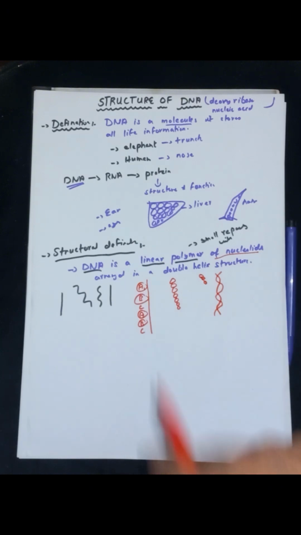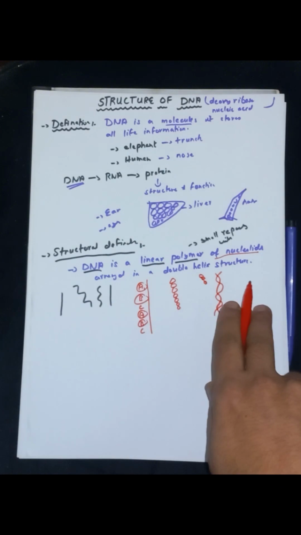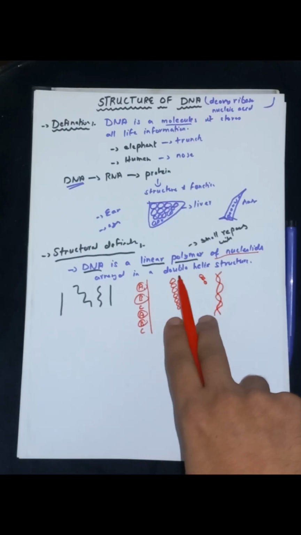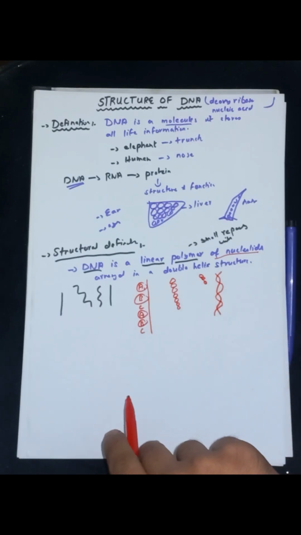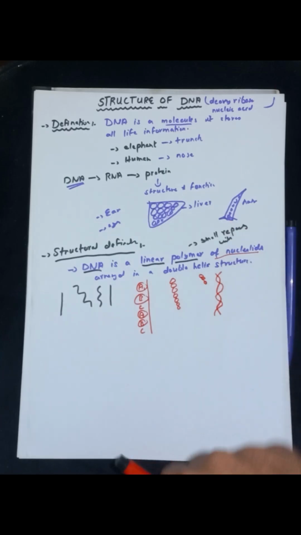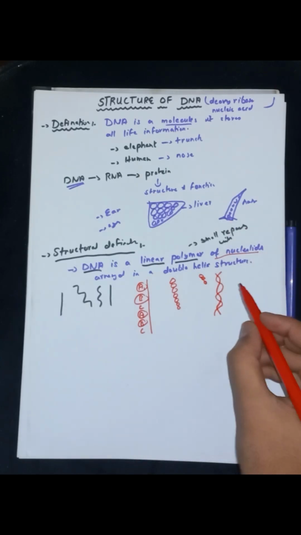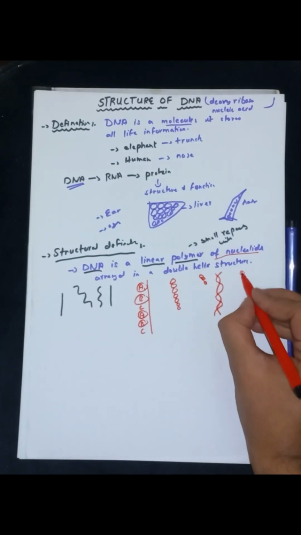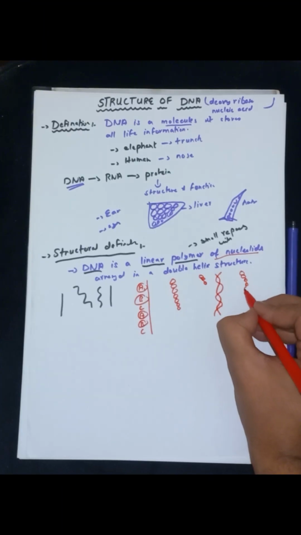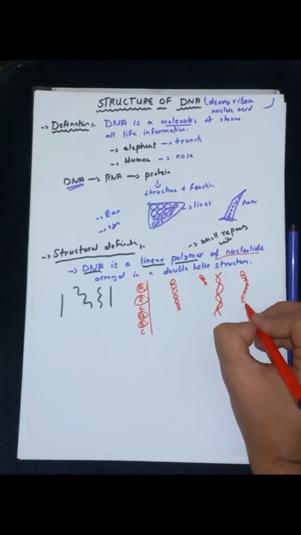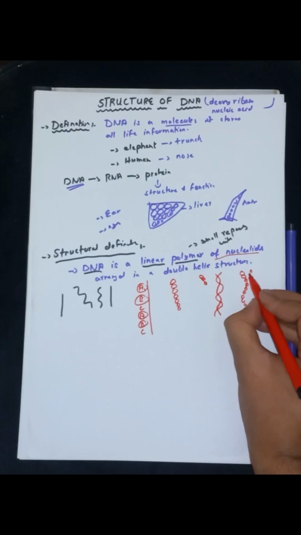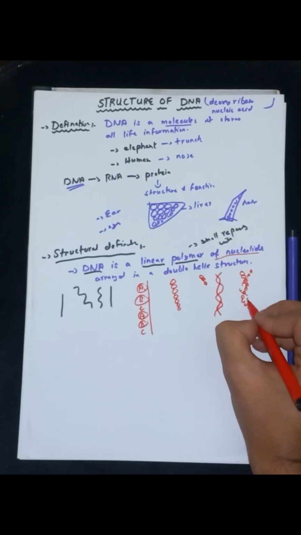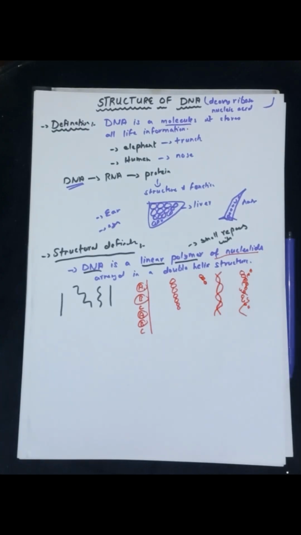So DNA is actually a double helix structure in which there is a linear polymer of nucleotides. We will discuss them in detail now. Just remember, rewind this again: linear polymer of nucleotides, different types of nucleotides, and also in a double helix structure. Okay, so this is DNA.